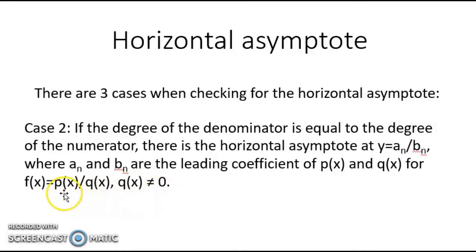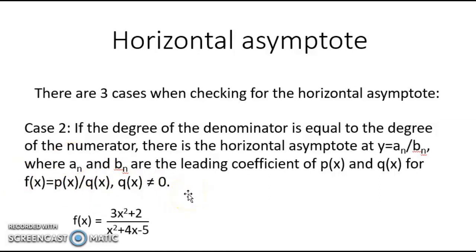So here, p of x is the numerator and q of x is the denominator. So we have a sub n as the leading coefficient of the numerator and b sub n as the leading coefficient of the denominator.